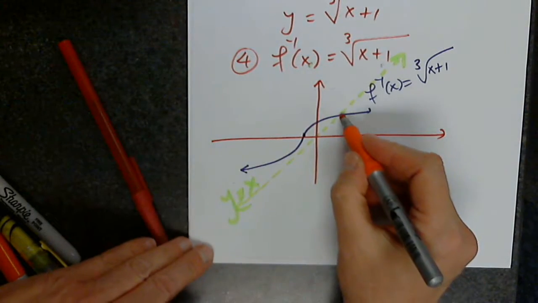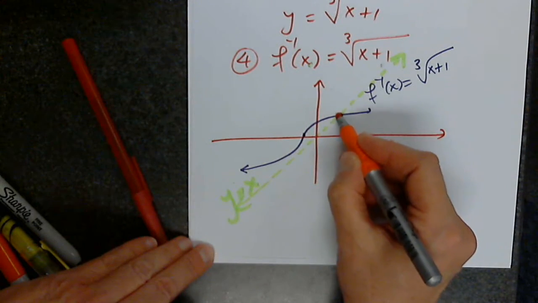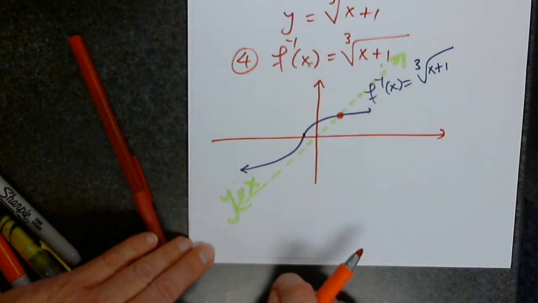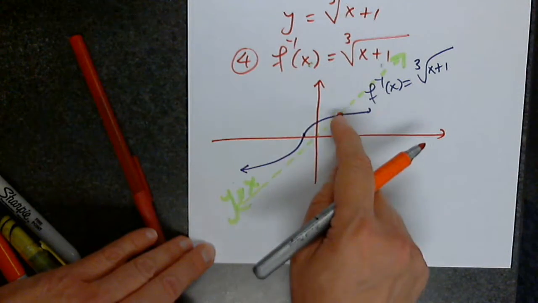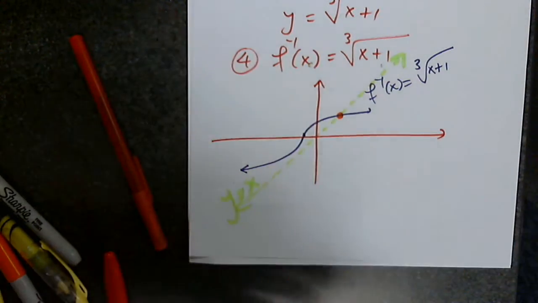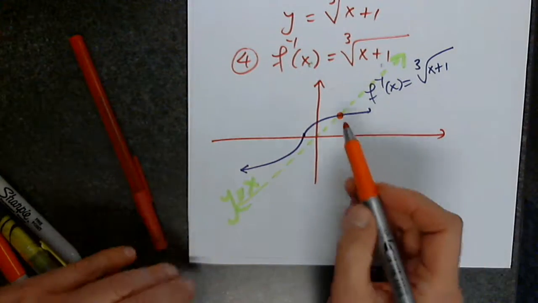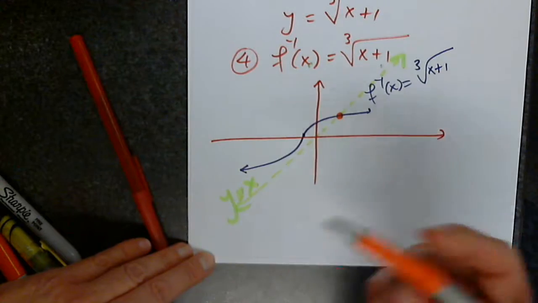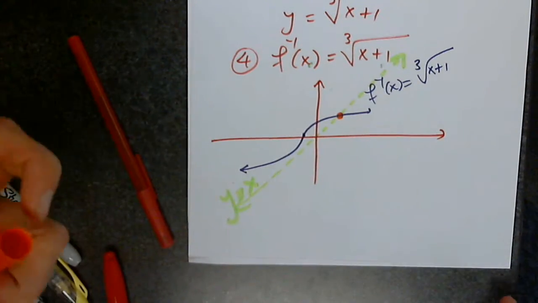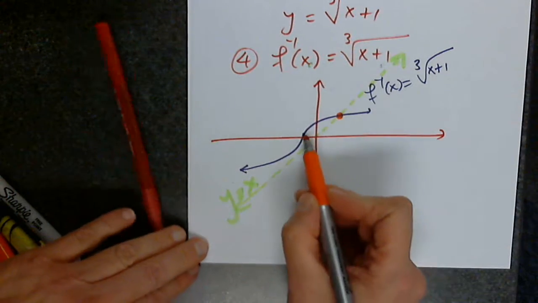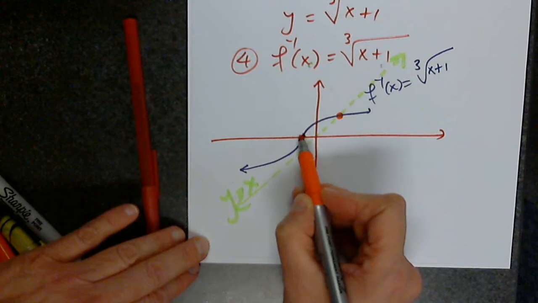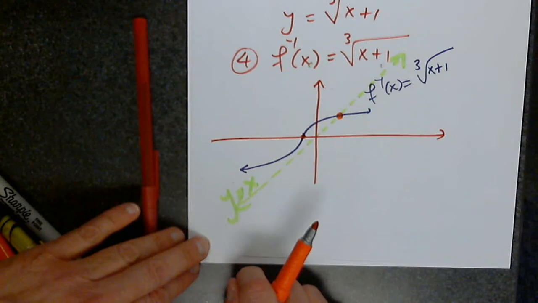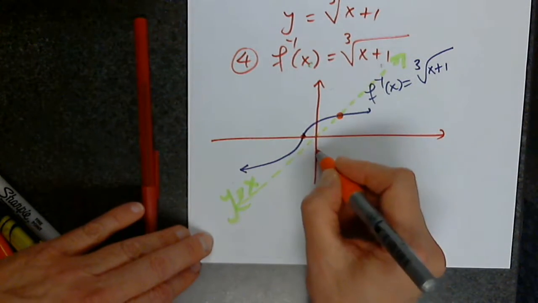Where does this point go? If it's 1, 1, it will be reversed, 1, 1. So it has to be part of both graphs. Where will this point go? It's at negative 1, 0. Where will it go? 0, negative 1.